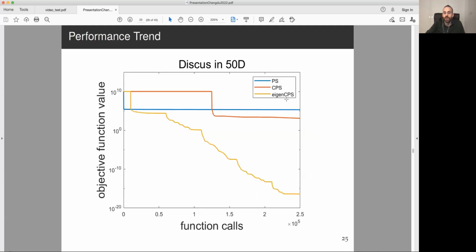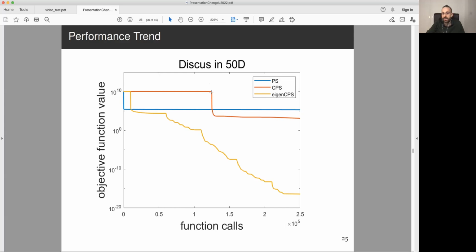But here I show you one result in 50D, and please appreciate that this is a logarithmic scale. You see these steps here, these are like the restarts, and for this specific problem, the Eigen-CPS is performing really well and outperforms the other algorithm. So you can say that this is CPS, and this first half is essentially the fitness landscape analysis.